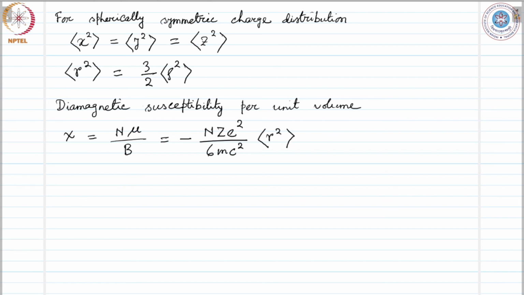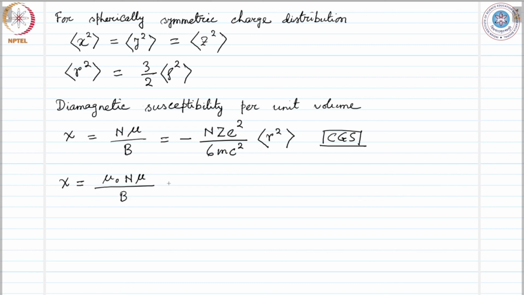This is in CGS units. If we write the equivalent in SI units, we will get chi equals mu naught n mu over B. Mu naught is the free space permeability, mu is the magnetic moment, one must be careful about this.